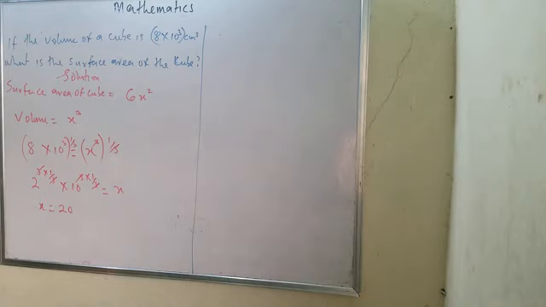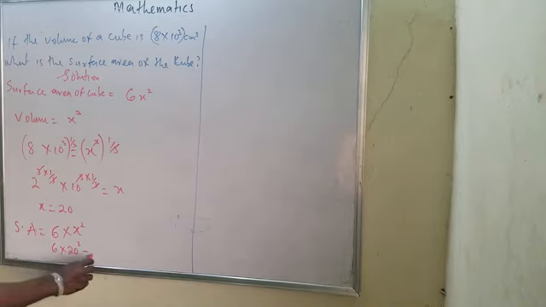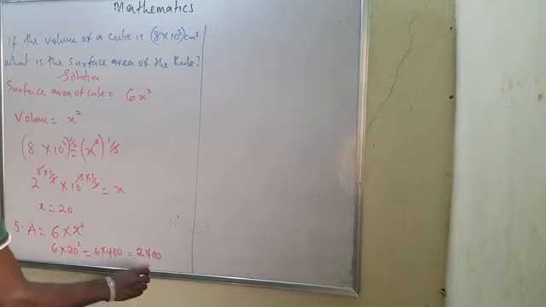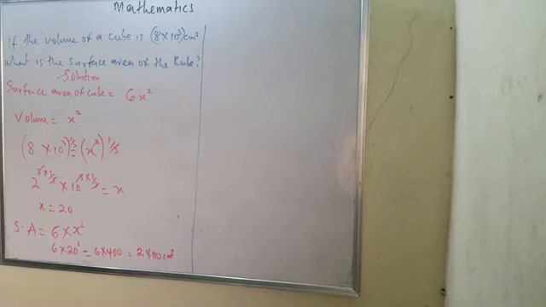My surface area is equal to 6 multiplied by x squared, which is 6 multiplied by 20 squared, which is 6 multiplied by 400, which is 2,400 centimeter squared. That is that for that.